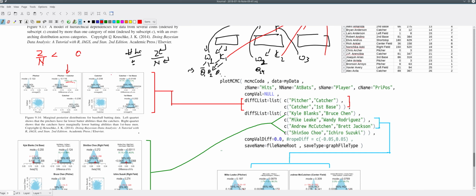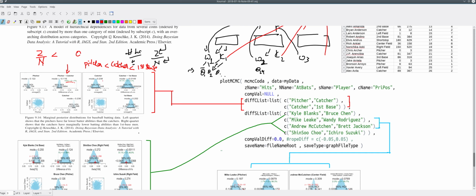So indicating to us that there is a non-zero difference. So if we were to rank these three groups of individuals, we'd say that pitcher is smaller than catcher, and catcher is smaller than first base.